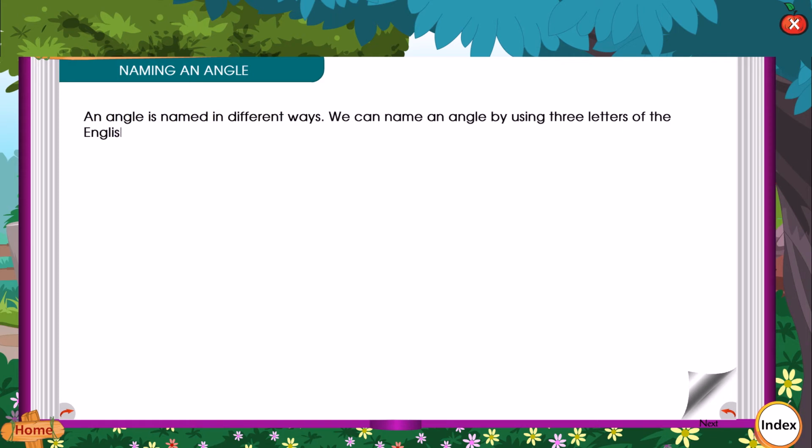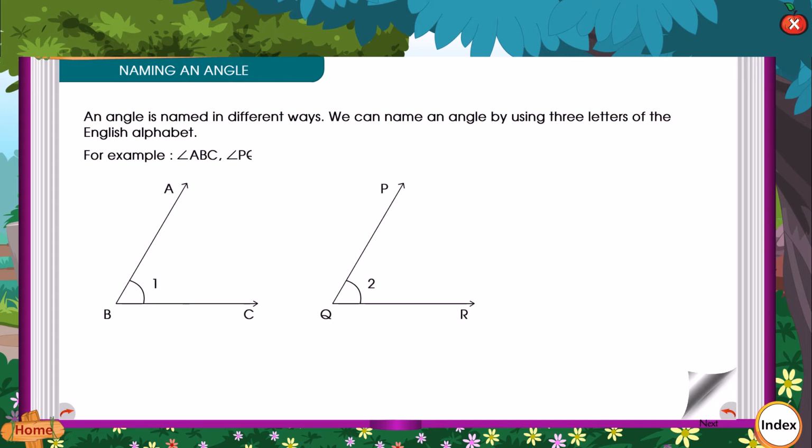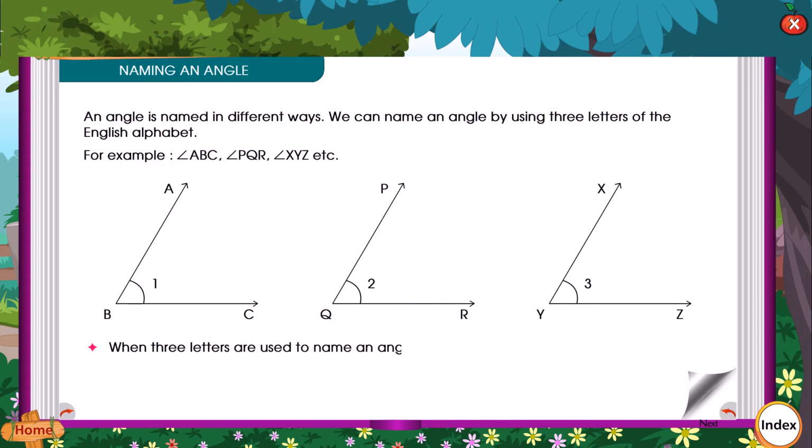Naming an angle. An angle is named in different ways. We can name an angle by using 3 letters of the English alphabet, for example, angle ABC, angle PQR, angle XYZ, etc. When 3 letters are used to name an angle, the letter showing the vertex is written in the middle.